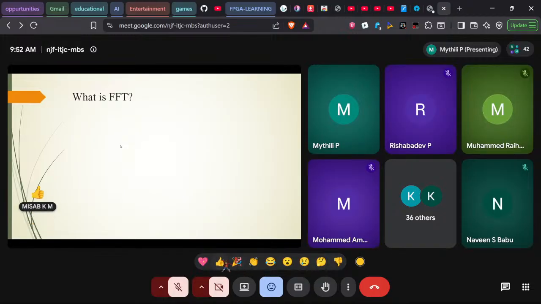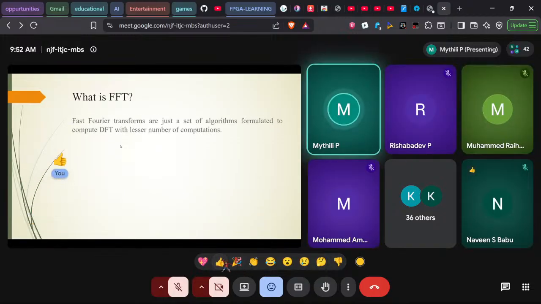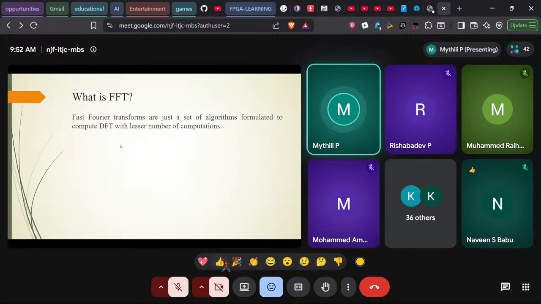So FFT is nothing but a set of algorithms formulated to compute the DFT with a lesser number of computations. Both FFT and DFT are the same. FFT is just computing the DFT in a faster way. That's all the difference. If you are asked to compute the DFT, you can use an FFT algorithm.